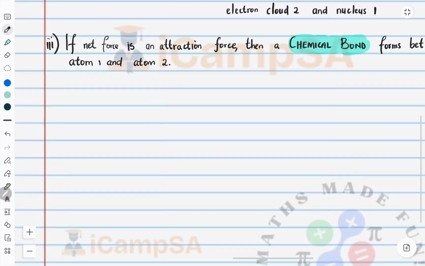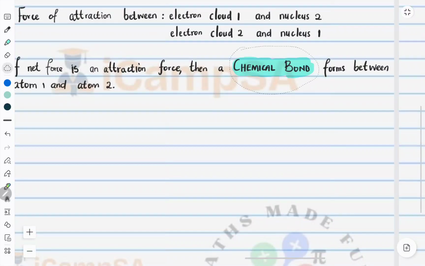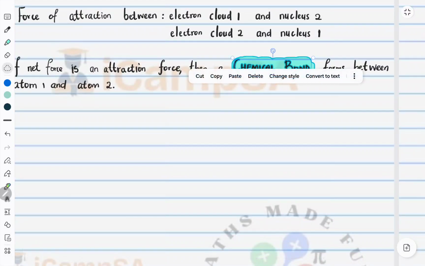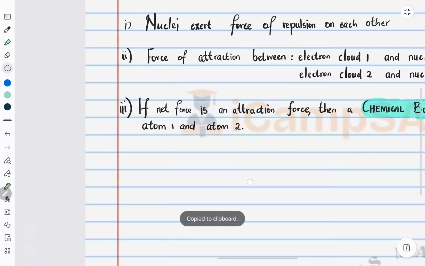So we usually say a chemical bond is a mutual attraction between two atoms, resulting from the simultaneous attraction between their nuclei and their outer electrons, or that electron cloud I've been talking about.